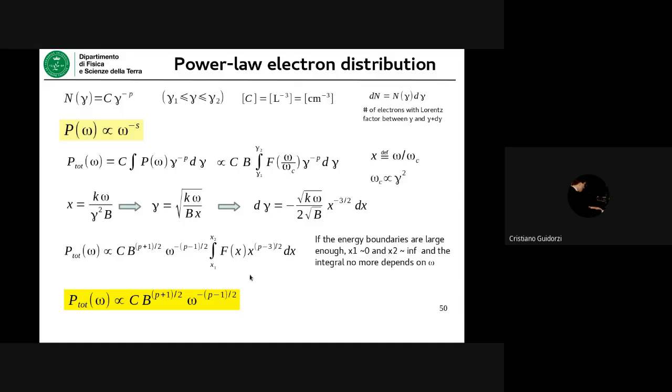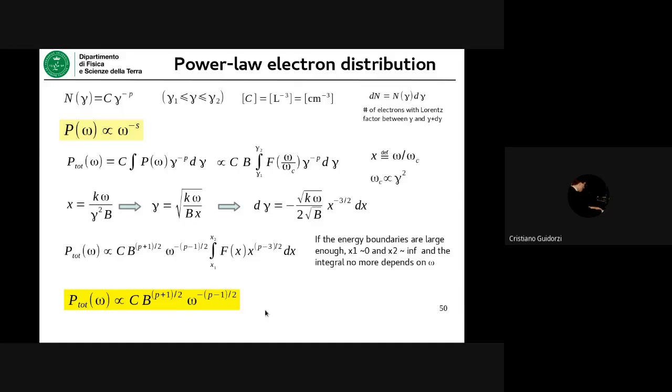So essentially, you can approximately assume that this integral no longer depends on gamma, which means that the only dependence on omega is this guy here. And in particular, here we derive two very important pieces of information: both the dependence on the magnetic field and the spectrum itself, so the dependence on frequency.